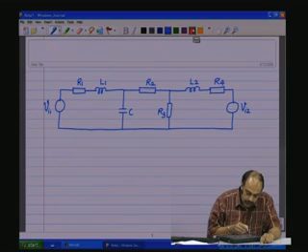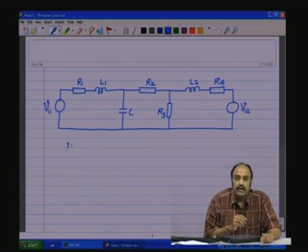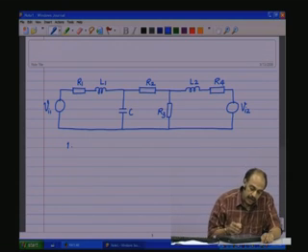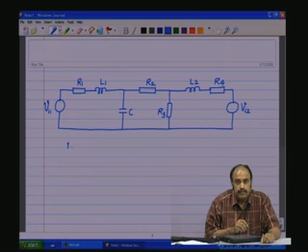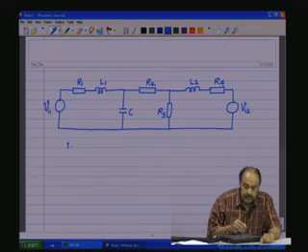So, the first step in our process of obtaining the state equations is to identify the energy storing elements. Here you have L1, C, L2, three energy storing elements, and therefore there have to be three differential equations to describe the circuit.